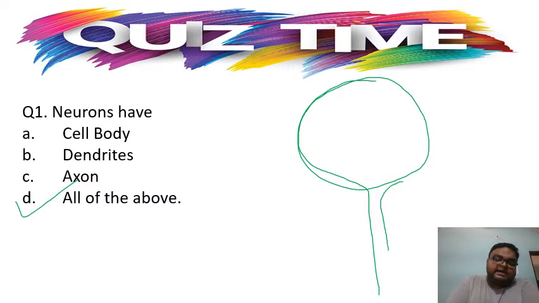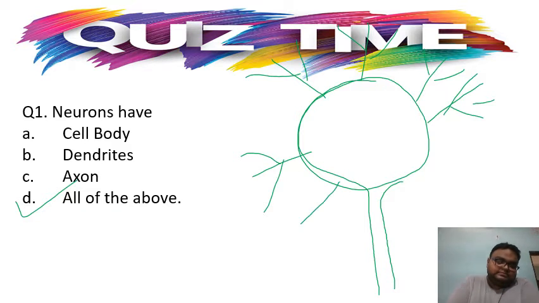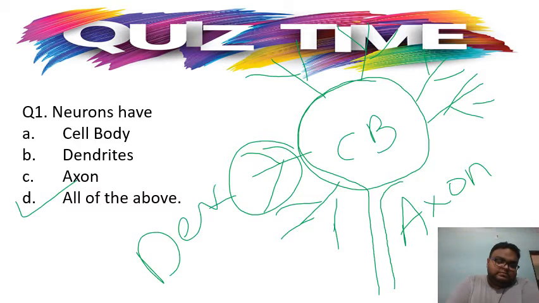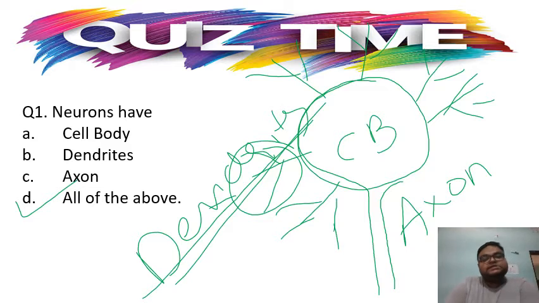From the cell body arises the axon, and from the cell body also arise the dendrites, right? So this is the basic structure of the neurons. This is a very rough diagram. Okay.